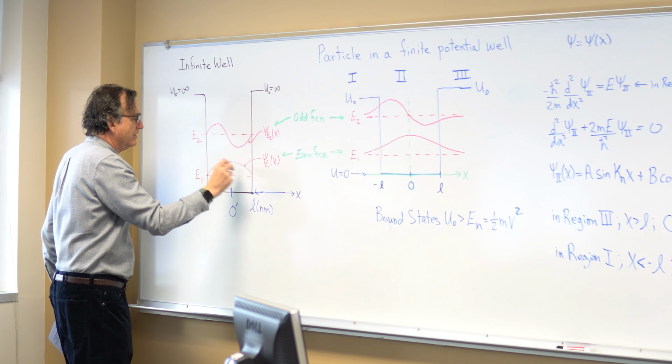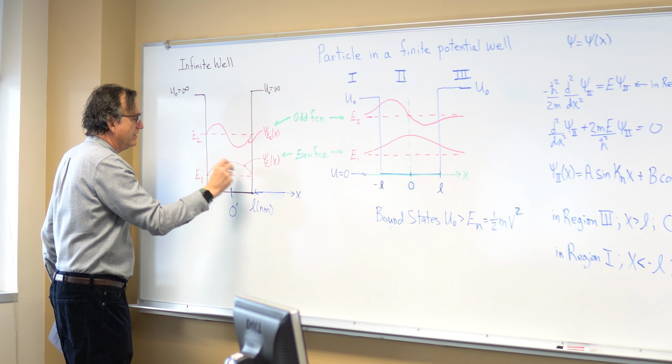Yes, this should have been plus, sorry. I brought the negative sign out of the argument. Sine of a negative angle is minus the sine of the positive angle. And for the second term here, I have sine of k_n times L. They are both equal to C, therefore they're equal to each other.